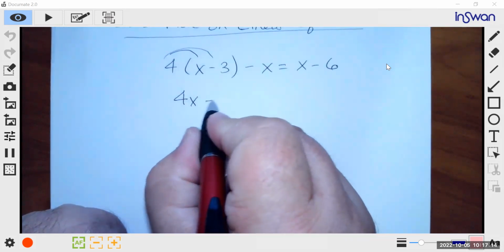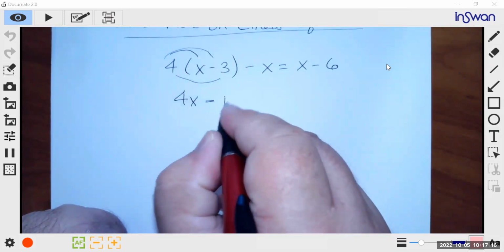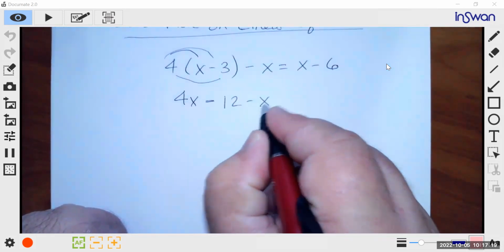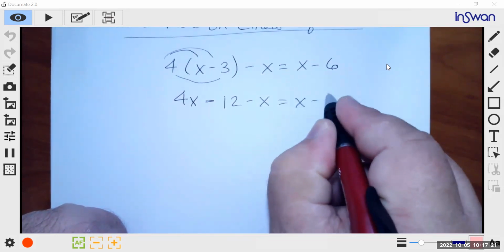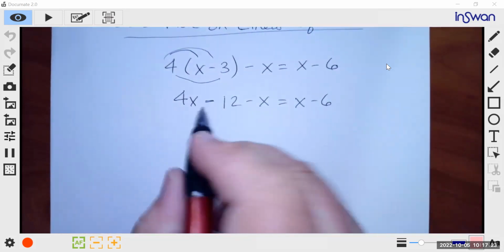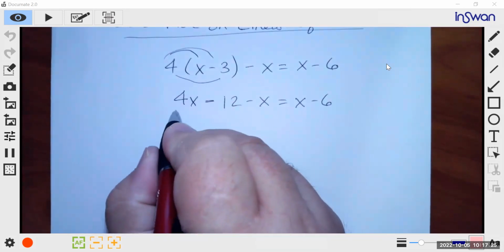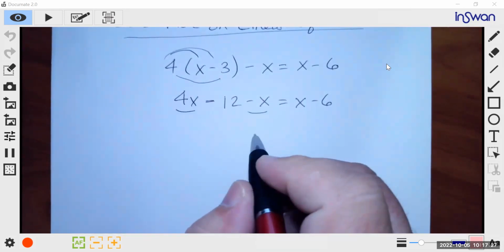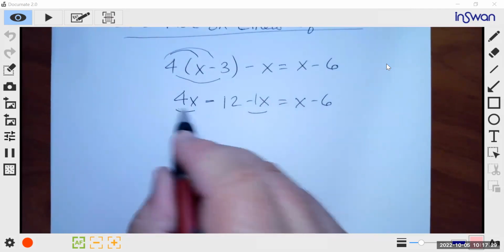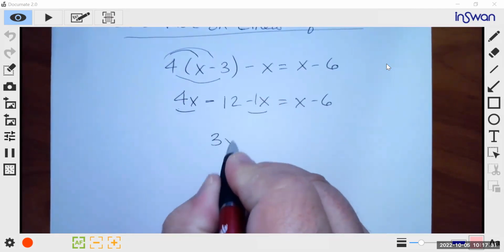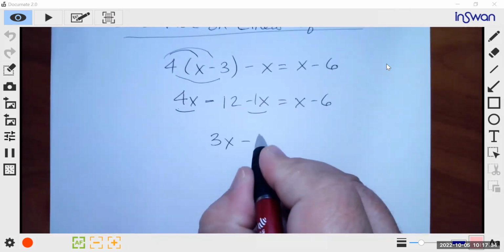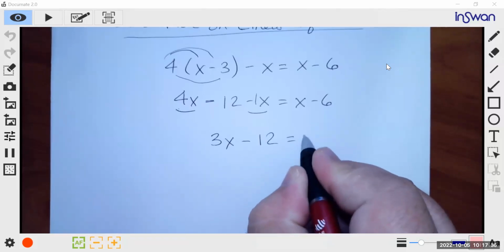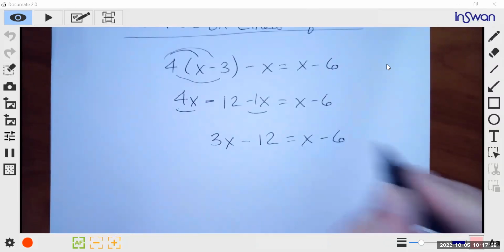Positive times negative is negative. 4 times 3 is 12. Whenever you get rid of parentheses, always combine like terms. 4 minus 1 is 3x minus 12 equals x minus 6.